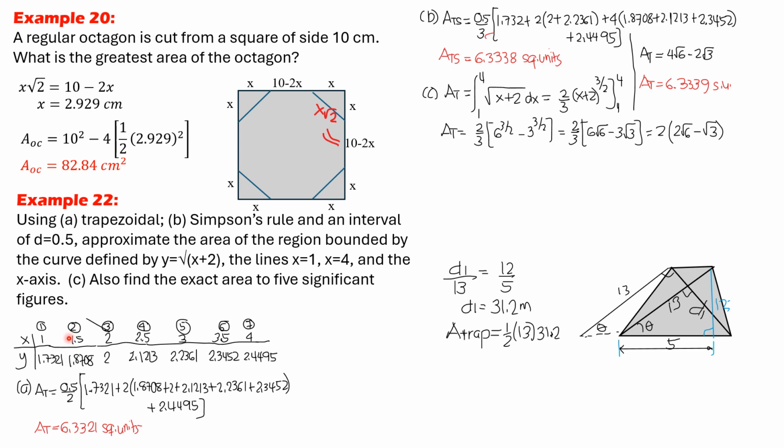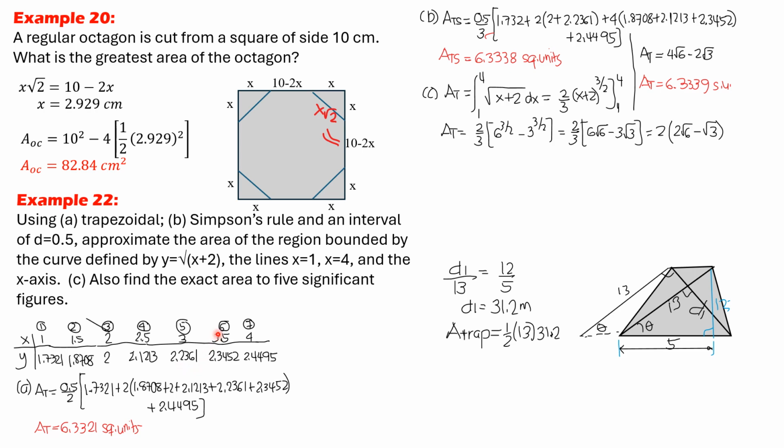When x is 1, y equals square root of 3, or in decimal 1.7321 units. When x is 1.5, 1.8708. When x is 2, 2. These are vertical offsets h. When x is 2.5, 2.1213. When x is 3, 2.2361.